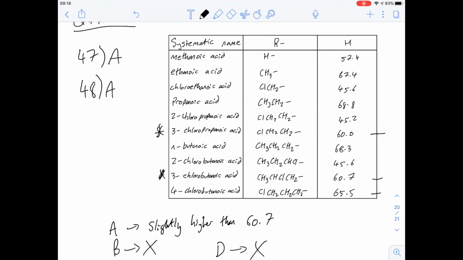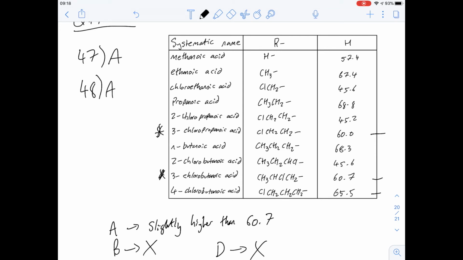Then if we look at 49, it says, which of the following is most likely? The value of H and then it gives a couple of comparisons. And I think maybe the best way is going through them one by one. So A is 3-chloro-2-methyl-butanoic acid is less than that of 2-chloro-3-methyl-butanoic acid. What's difficult here is that they have these methyl groups which they didn't have before.